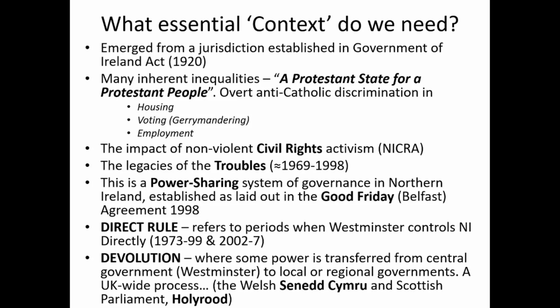And we have two other big ideas here: the idea of direct rule and the idea of devolution. Now, direct rule is, if there is no functioning government in Northern Ireland, it doesn't remain ungoverned.